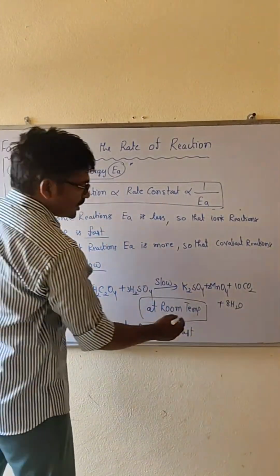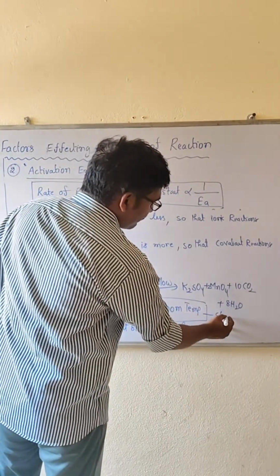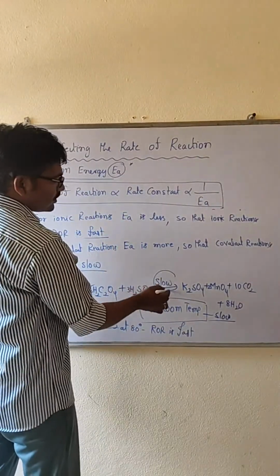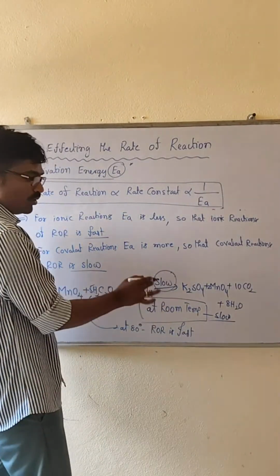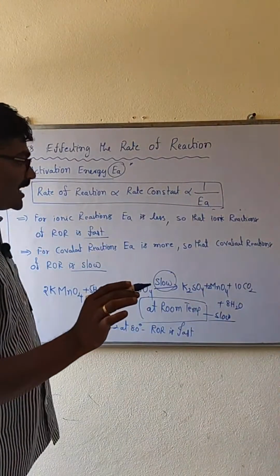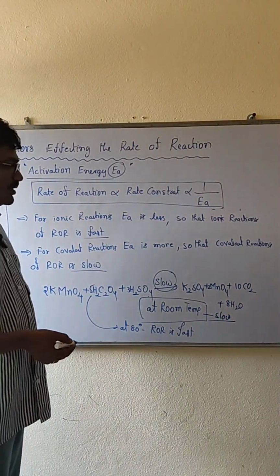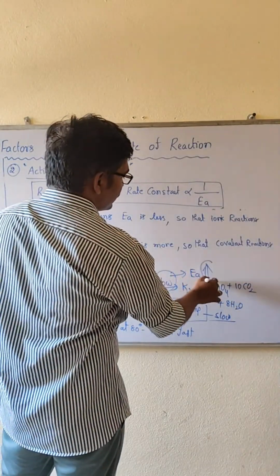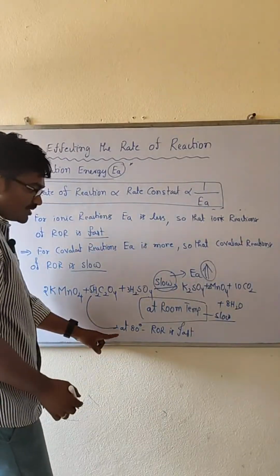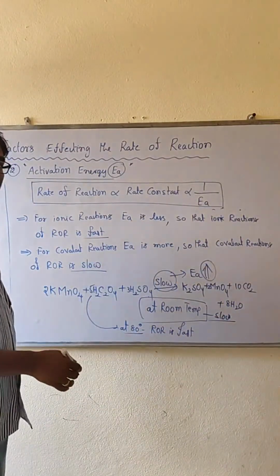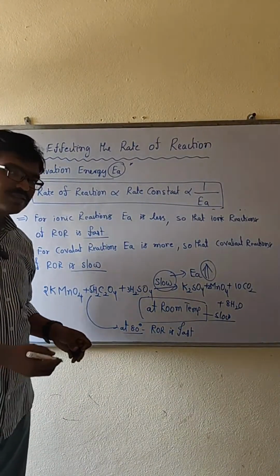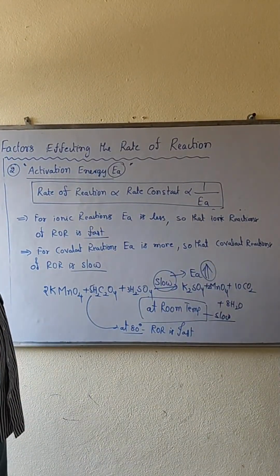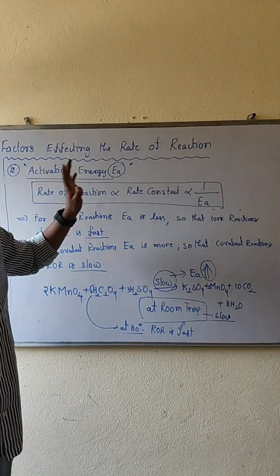At room temperature the rate of reaction is slow because the activation energy is greater. At the higher temperature, the activation energy is less, so the rate of reaction is more. Understand, my dear students? This is based on the activation energy.